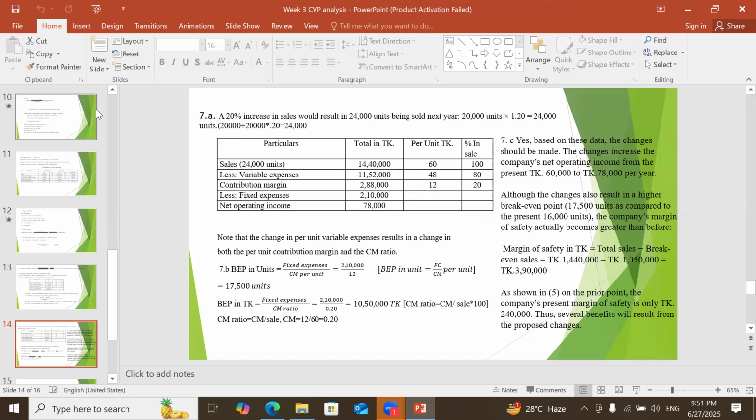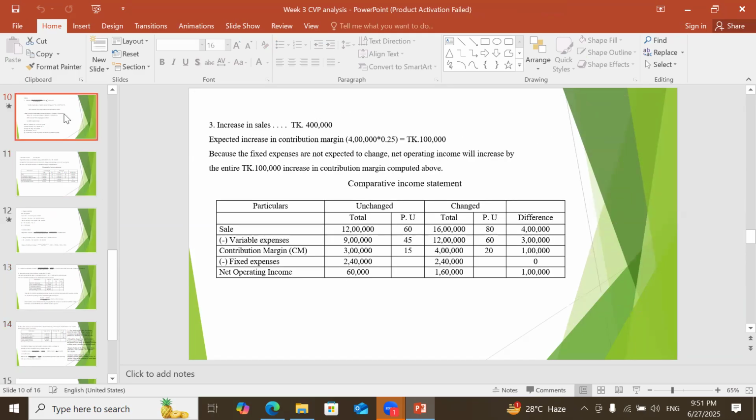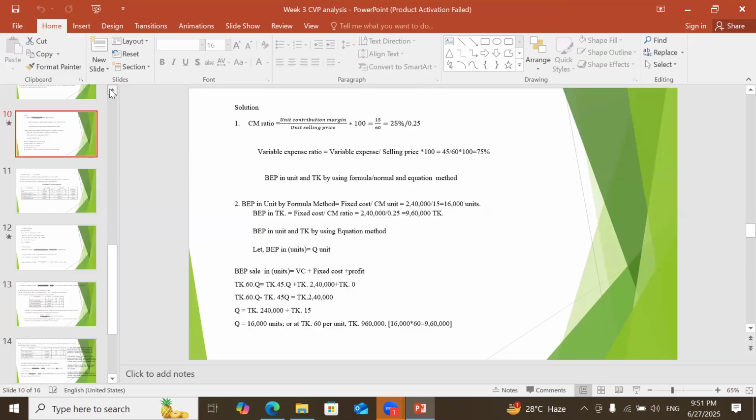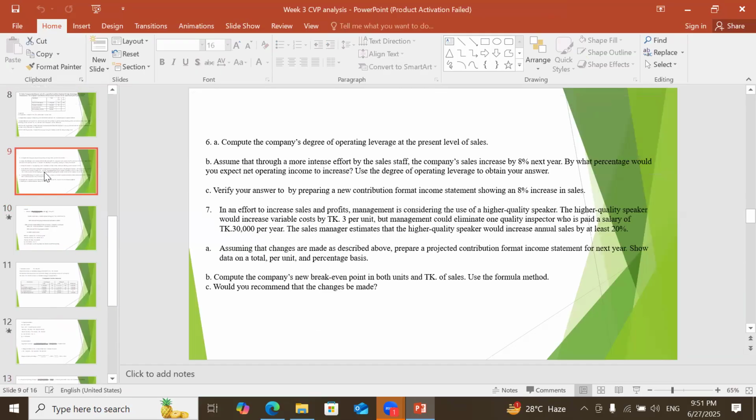7.A, just go back to the original slide. 7.A. In an effort to increase the sales and profit, management is considering the use of a higher quality speaker. Okay. The higher quality speaker would increase the variable cost by 3 taka per unit.